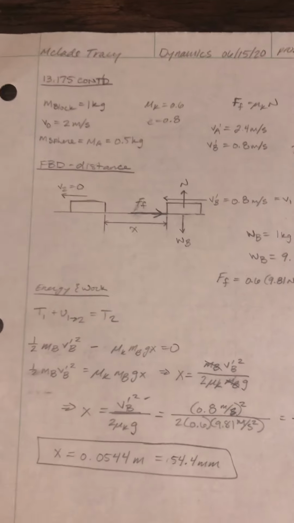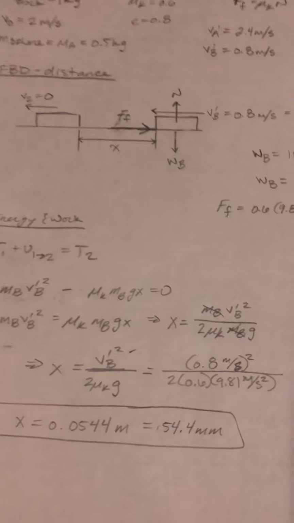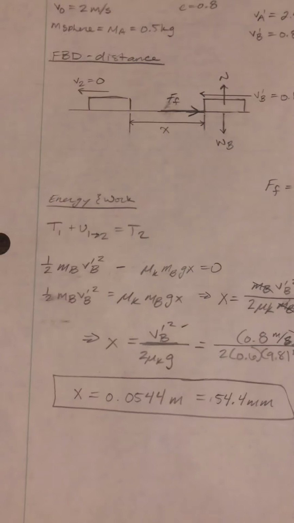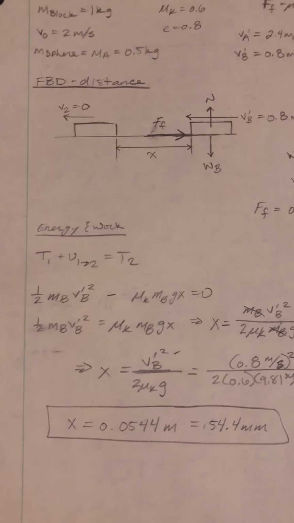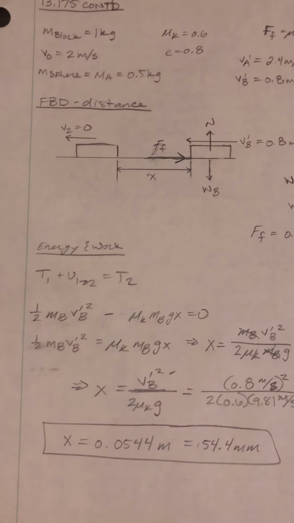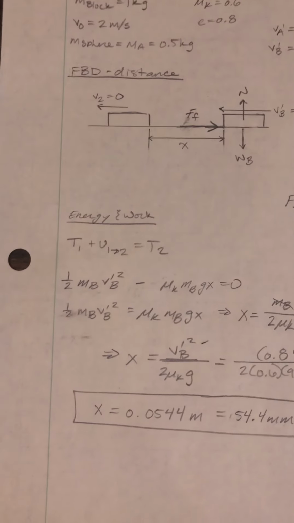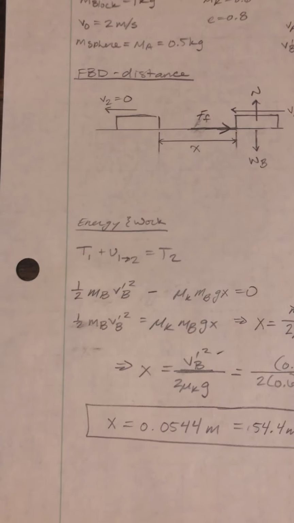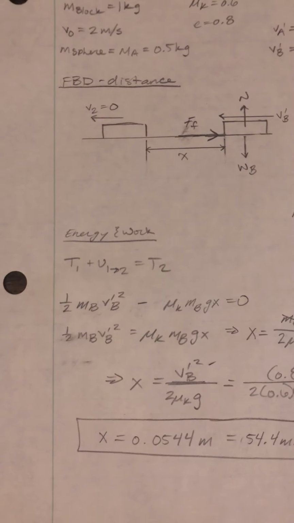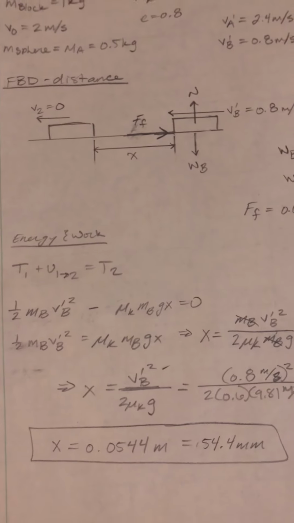Again, using the energy and work equations that we have used in the first part of this assignment, and setting T2 equal to 0, we have 1/2 mb times v prime b squared minus mu sub k times mb times g times the distance x that we are searching for.